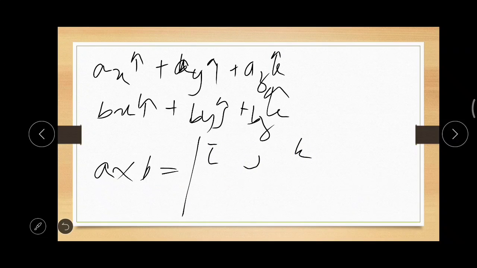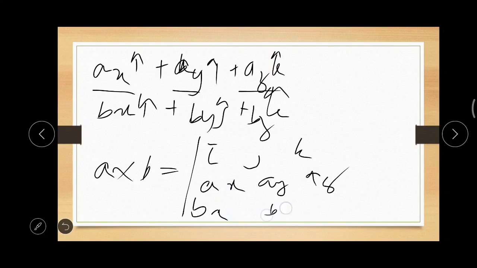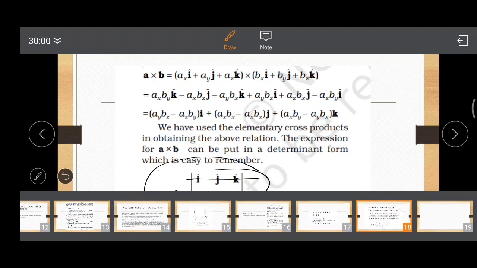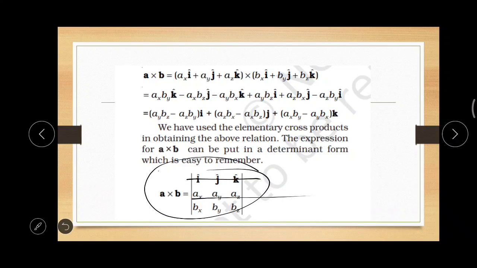In the next row, the x, y, z components of A, that is Ax, Ay and Az. The third row, Bx, By and Bz. Okay, so it is given here: i, j, k, then the x, y, z components of A written below i, j and k respectively, then Bx, By and Bz. Now how to solve this?